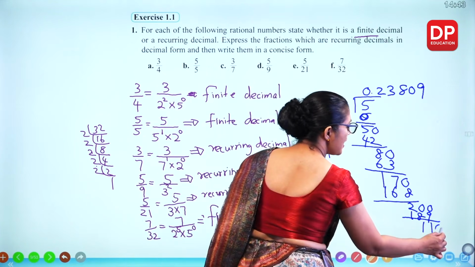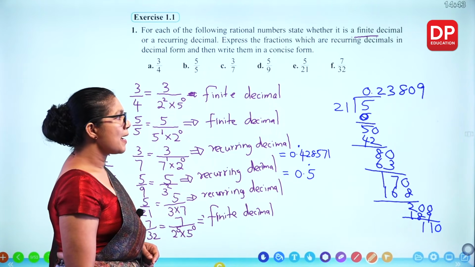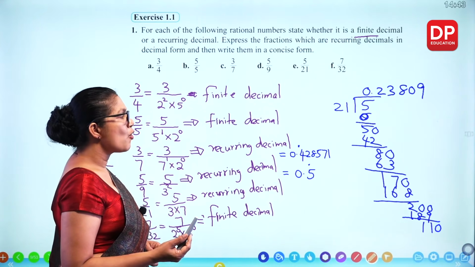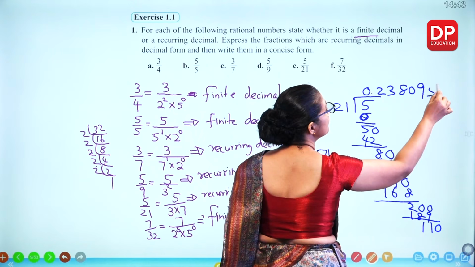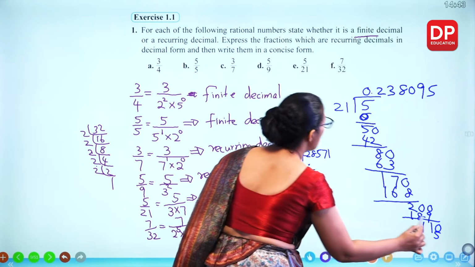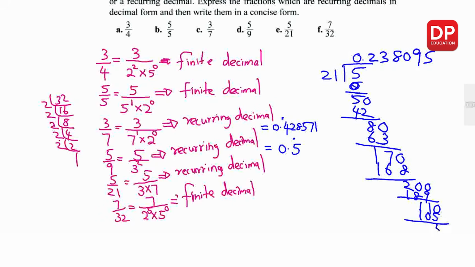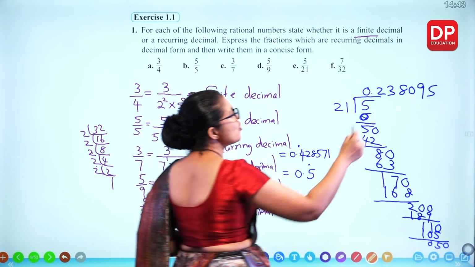So 110, how many 21s are there? It's 5. 5 times 1, 5. 5 times 2, 10. What's the remaining part now? 110 minus 105 is 5. So 5 remaining. Again, can you see 50 there? It's repeating from here. So again, you are getting 2.